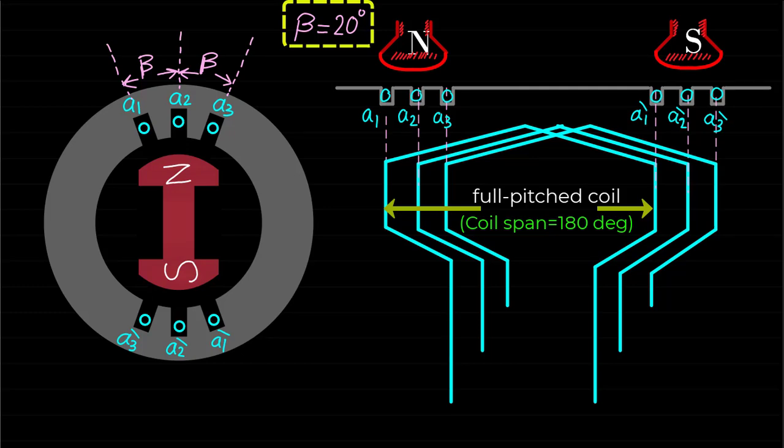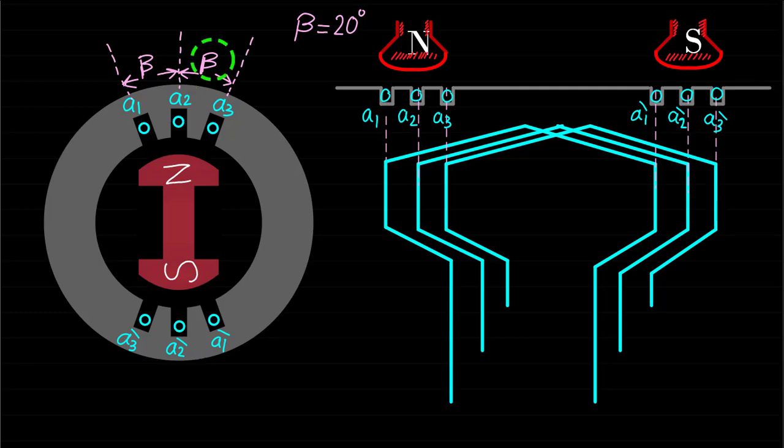As we can see, these figures show that coil A2 is shifted from coil A1 by the slot angle beta, and coil A3 is shifted from coil A2 by the angle beta. Also, we can say that coil A3 is shifted from the coil A1 by the angle of 2 beta.